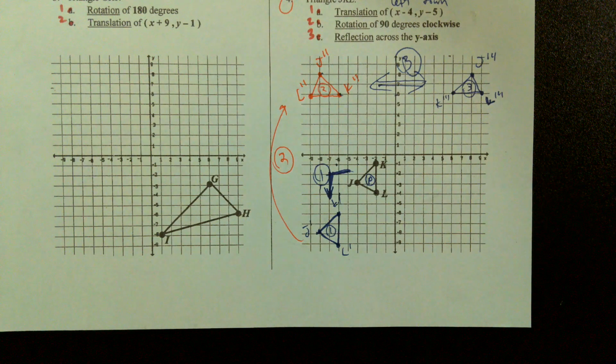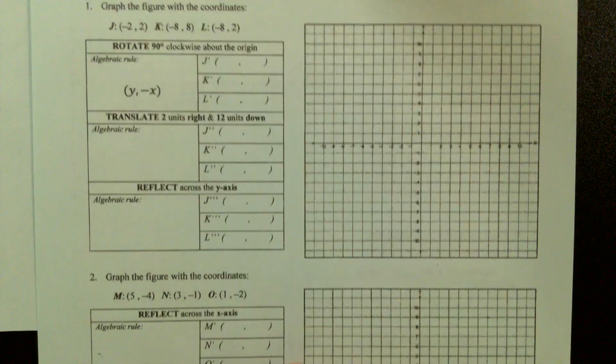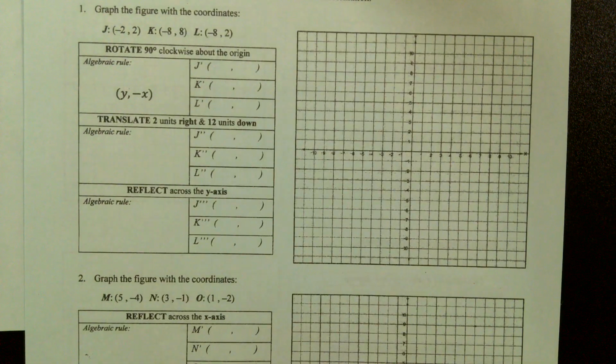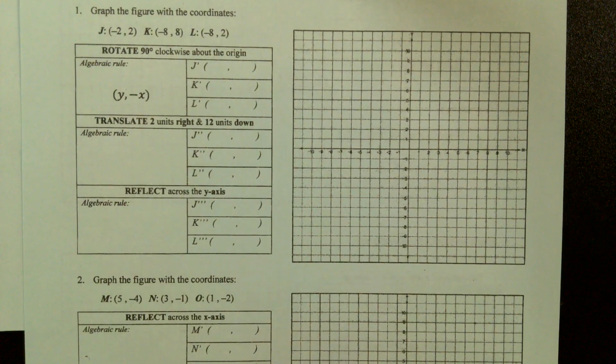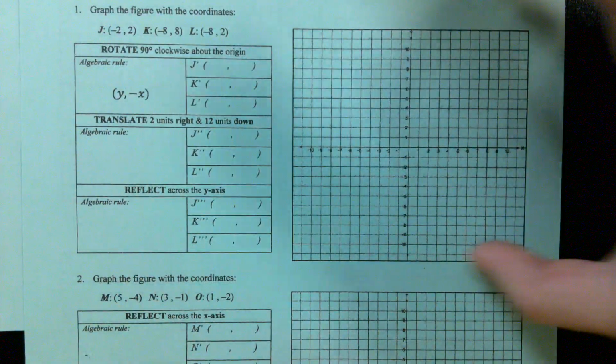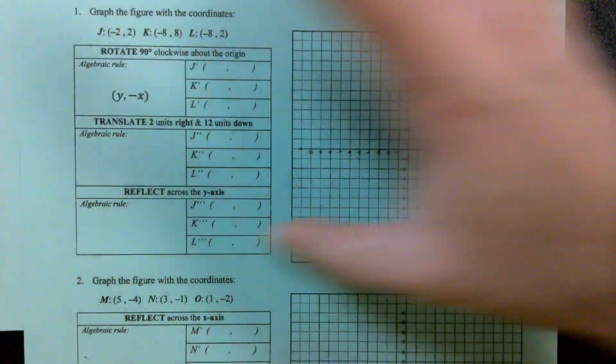So the worksheet that we're going to get today, worksheet 25, looks like this. This is exactly what your test is going to look like, okay? Different coordinates, obviously, but just number 1, that's half the test.